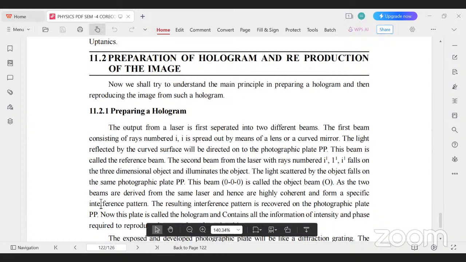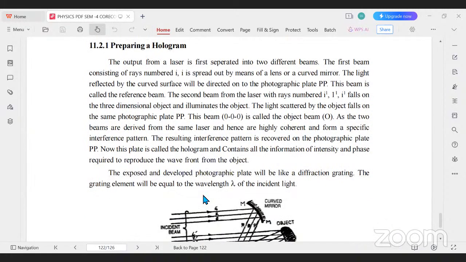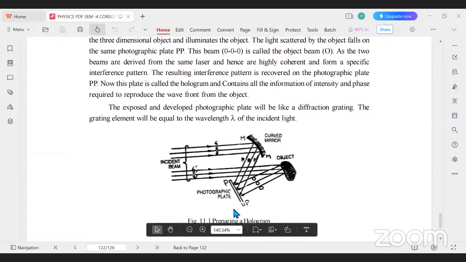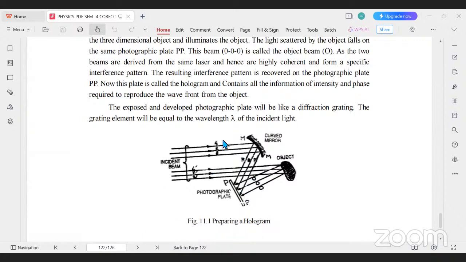As the two beams are derived from the same laser, they are highly coherent and form a specific interference pattern. Here we can see the incident beam falling on a curved mirror, and again falling on a photographic plate. It is a continuous process of preparing a hologram.